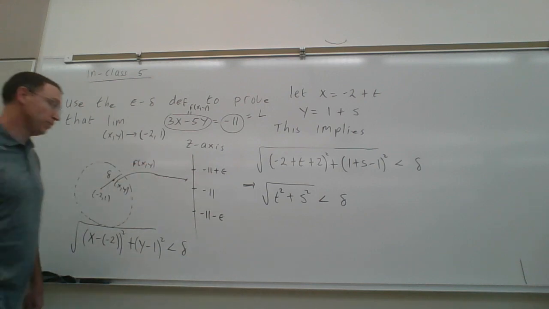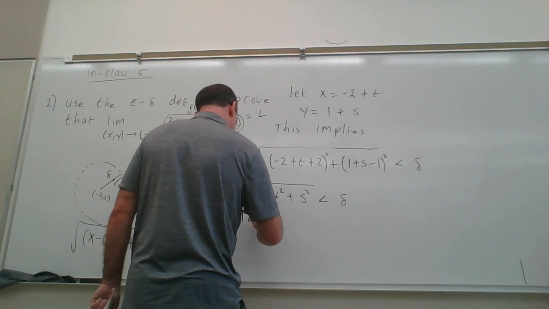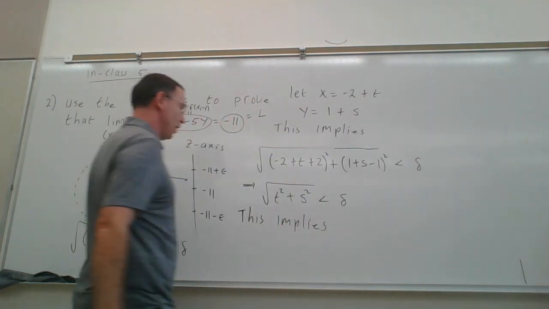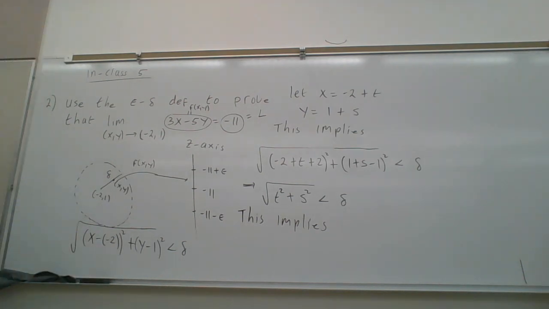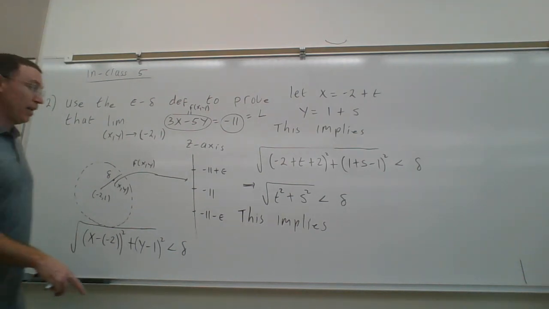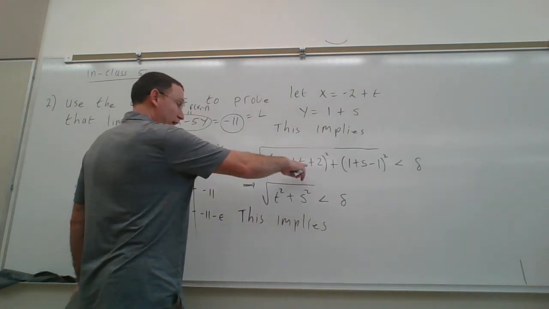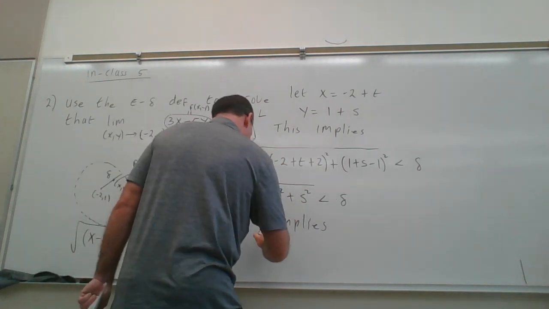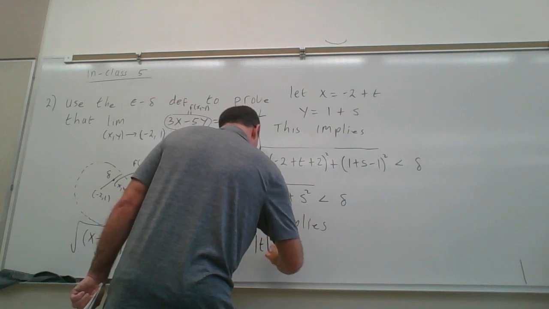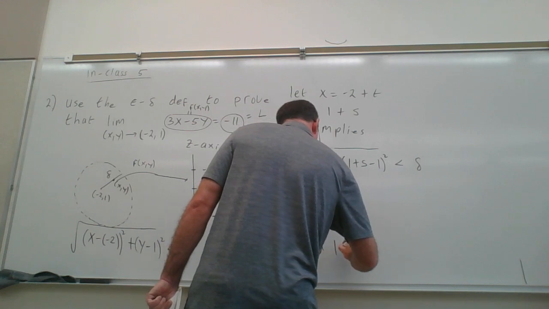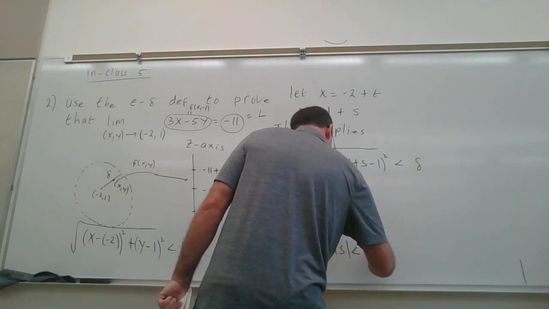And now, the square root of t squared plus s squared is less than delta. That means the absolute value of t cannot exceed delta, and the absolute value of s cannot exceed delta. So the absolute value of t is less than delta, and the absolute value of s is less than delta.